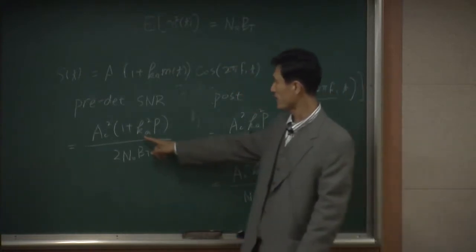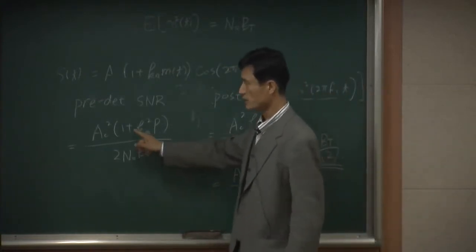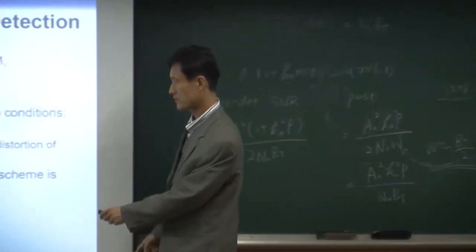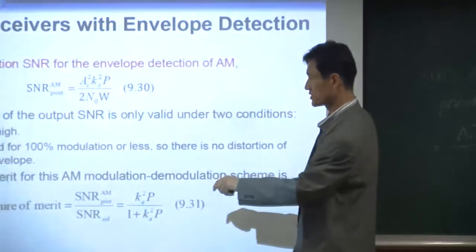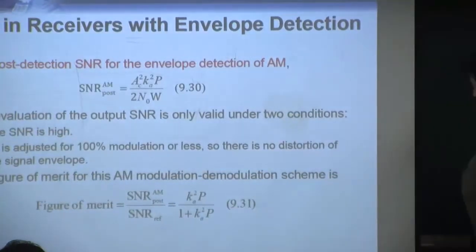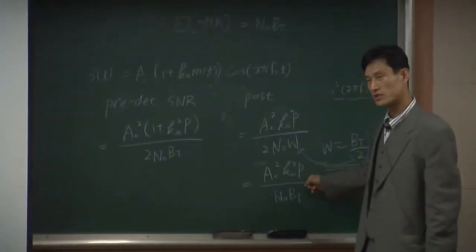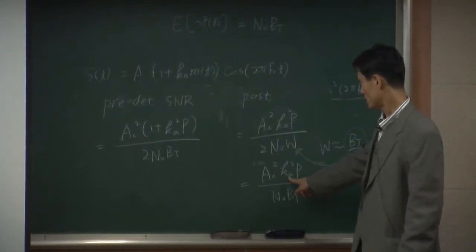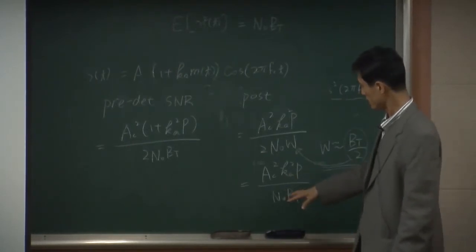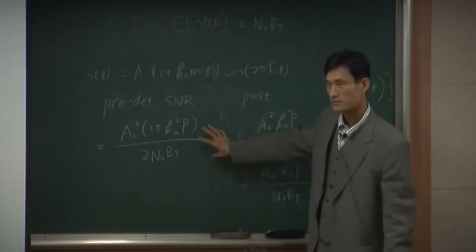Depending on the Ka value, if we use a Ka value like 100% modulation or less, then we have no distortion. But anyway, these are the results.